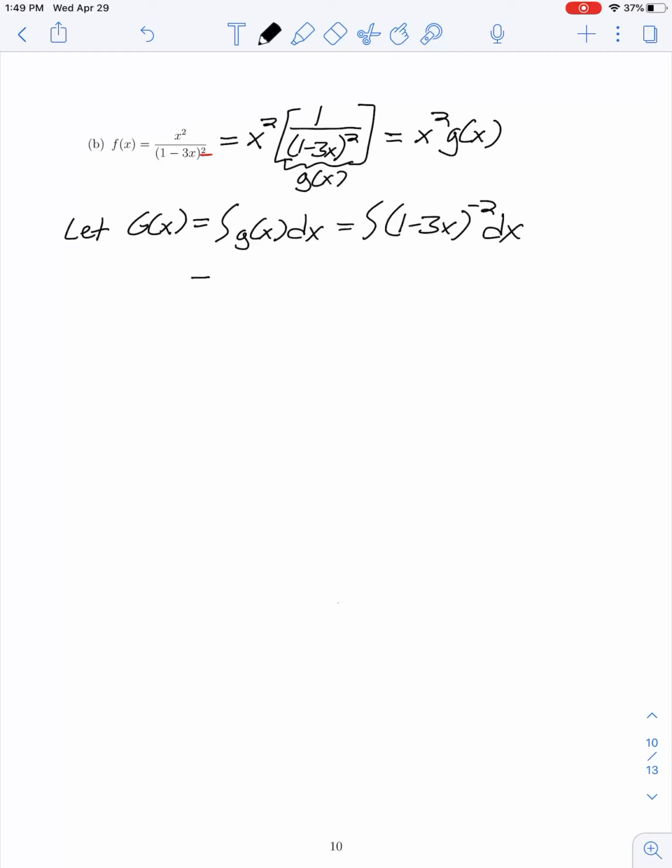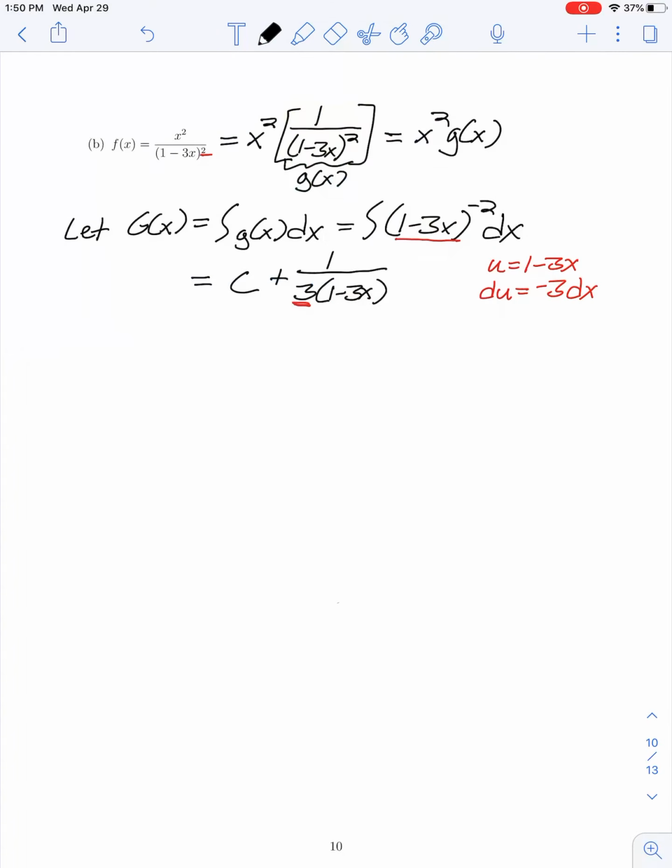And that antiderivative, if we make use of a u substitution and the power rule, is some constant of integration plus 1 over 3 times (1 minus 3x) to the first power. So you might ask, where did this extra factor of 3 come from out in front? It comes from the fact that we're making a substitution where we let u be 1 minus 3x. So our du is negative 3 dx. So we're picking up an extra factor of 1/3 when we make that substitution.